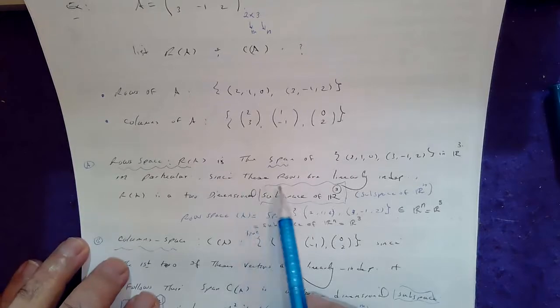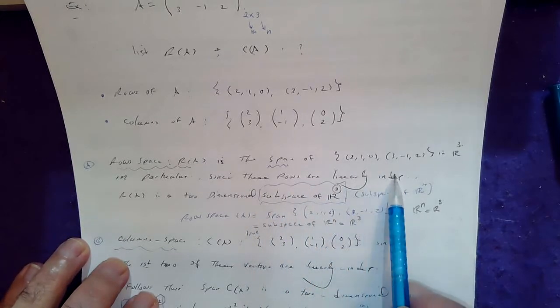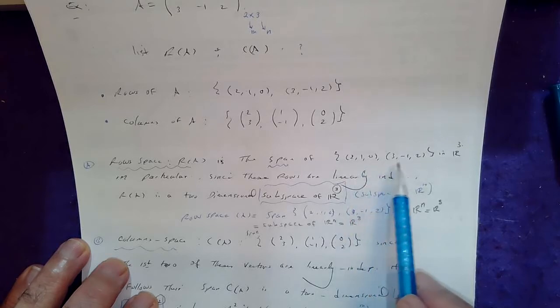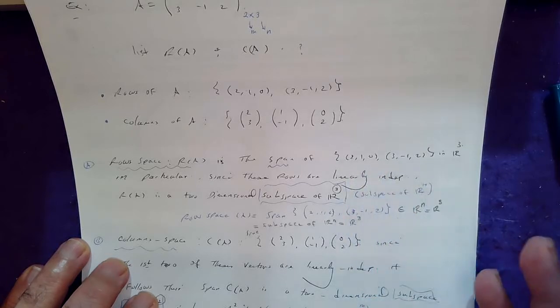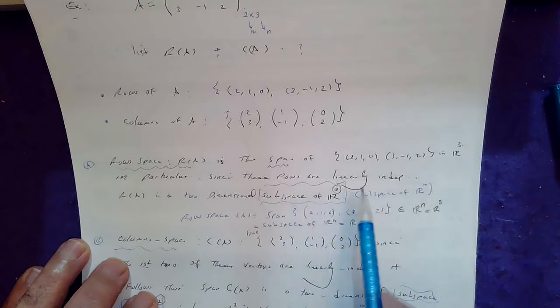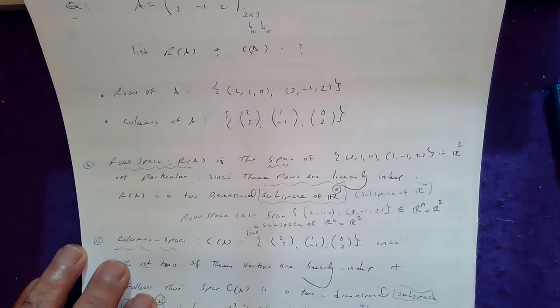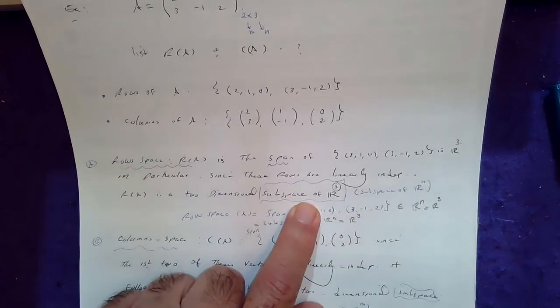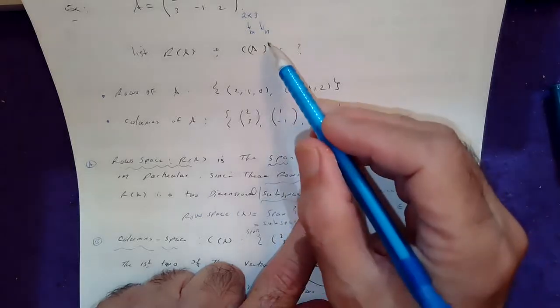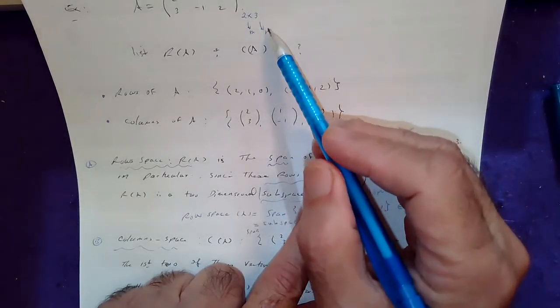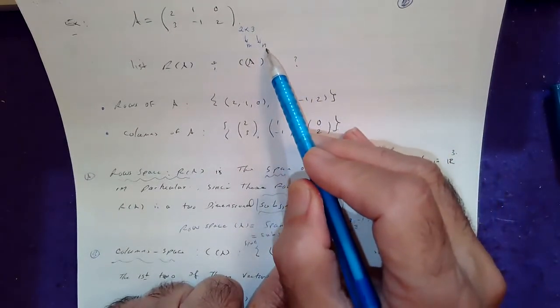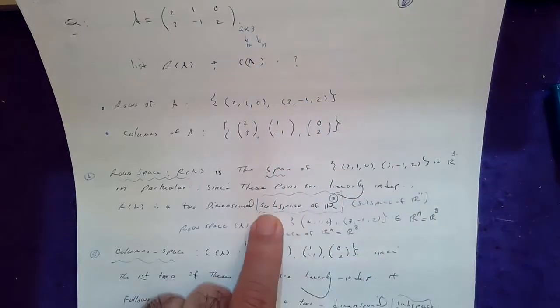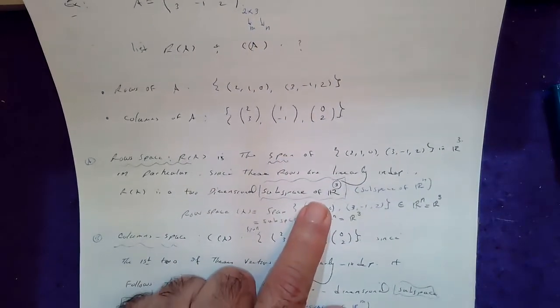Since they are linearly independent, and by definition they are a spanning set, they form a basis for the row space of matrix A, which in this case is a subspace of R3. Remember, row space is a subspace of Rn, and in this case n is 3.